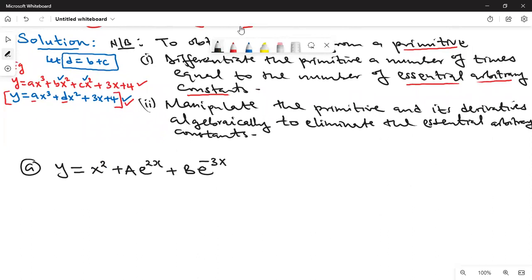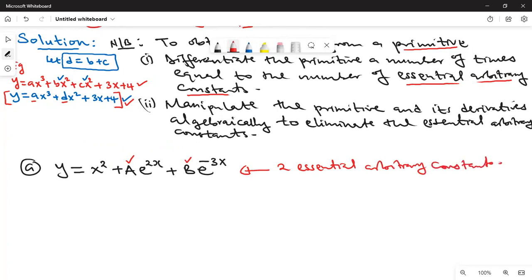So just follow the two steps. The first step, you need to differentiate the primitive a number of times equal to the number of essential arbitrary constants. How many arbitrary constants do we have here? a and b, there are just two. There are two essential arbitrary constants.